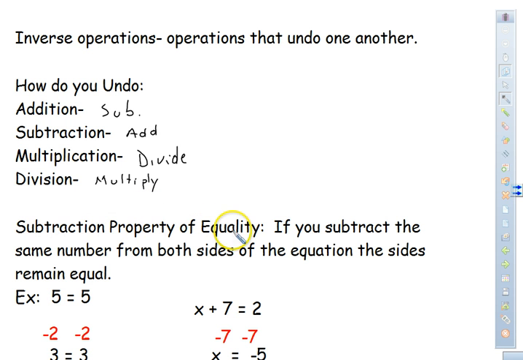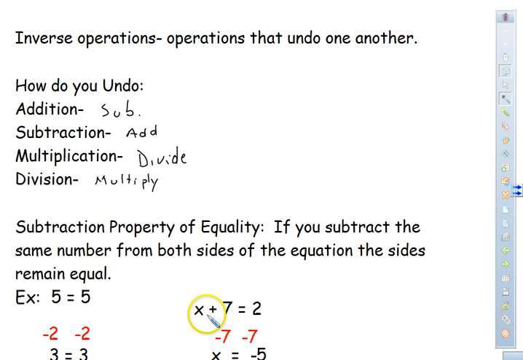So, subtraction property of equality states that if you subtract the same number from both sides of the equation, the sides remain equal. For example, if we have 5 equals 5, if we subtract 2 from both sides, we still get a positive 3 equals positive 3. They still remain equal. Same thing in the equation itself.